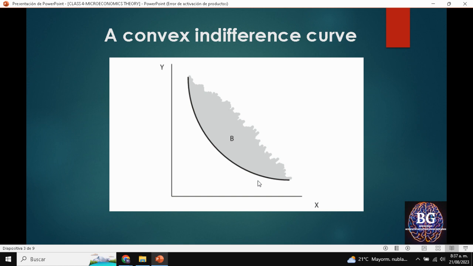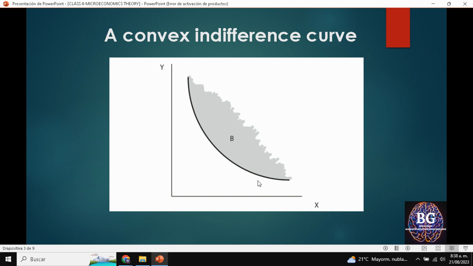Consider any indifference curve yielding utility level U constant. Consider the set of all points that yield utility U or more. This is the set of all points on an indifference curve plus all points above. Can this set be convex?